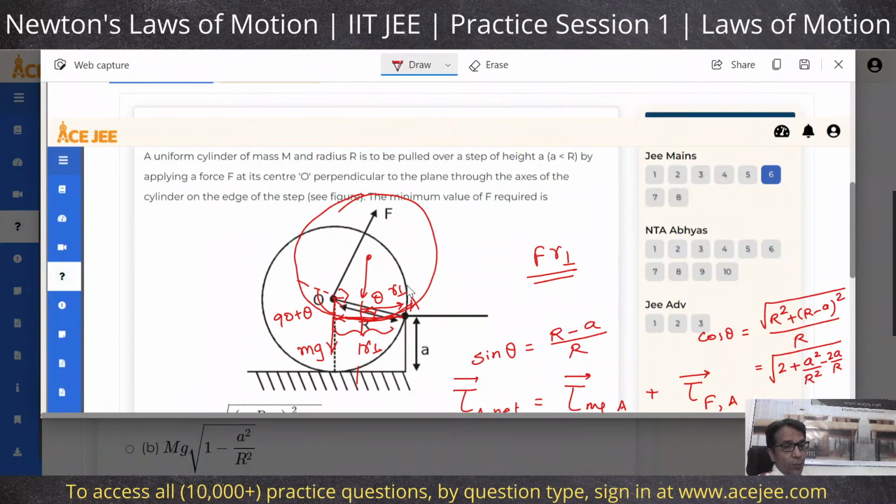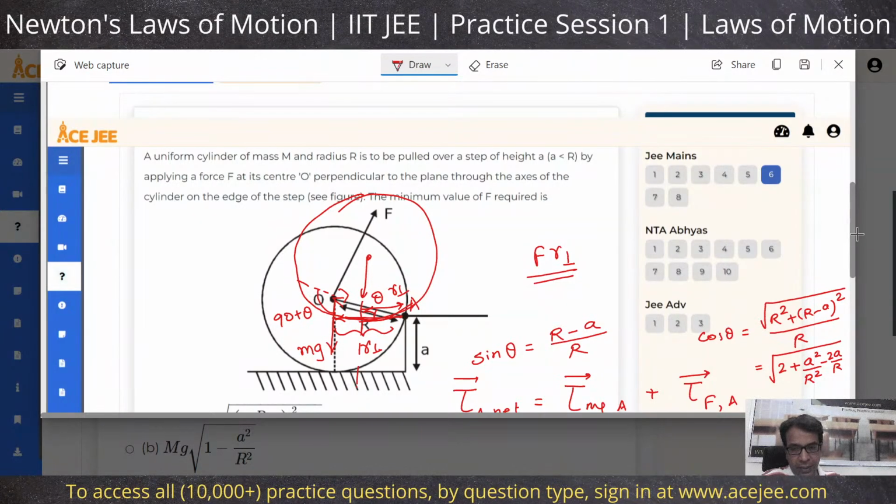Now, they are saying what is the minimum value of force F? Well, you can always apply 1000 newtons and pick it up. They're saying what is the minimum required to pull it up? Well, you require the greatest amount of force at the initial point, trying to lift it from this position. So I assume that this force F is providing enough torque to just counter the torque due to mg.